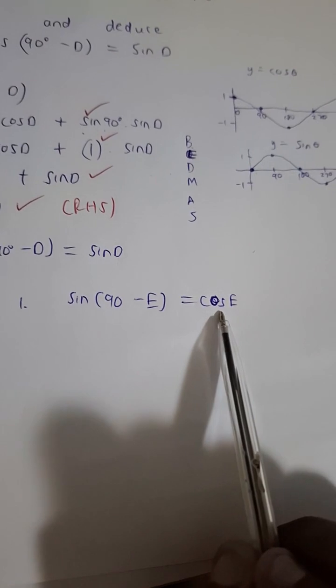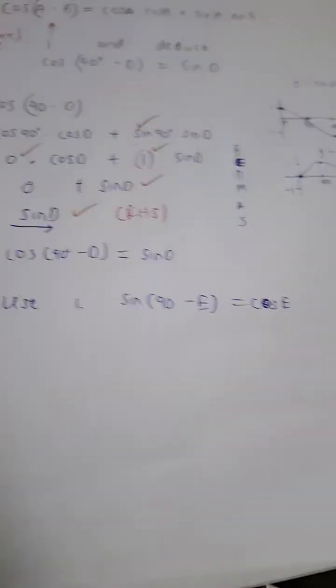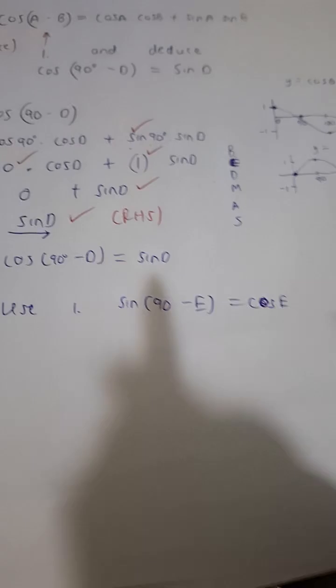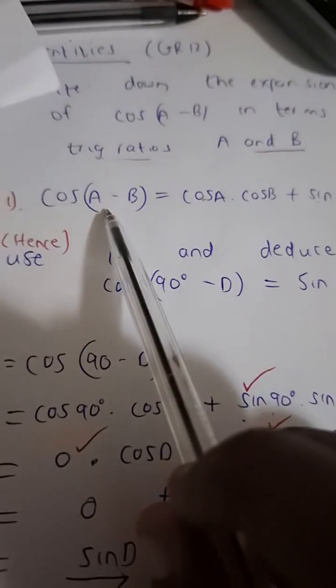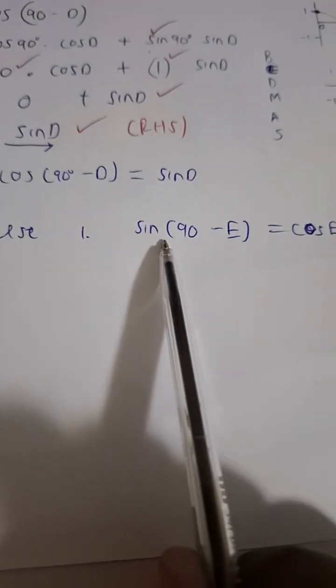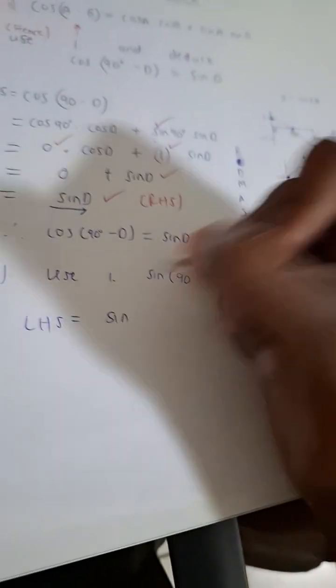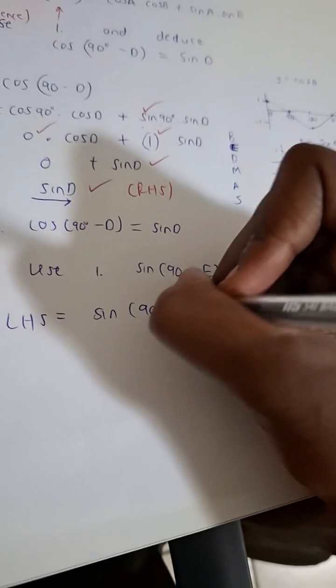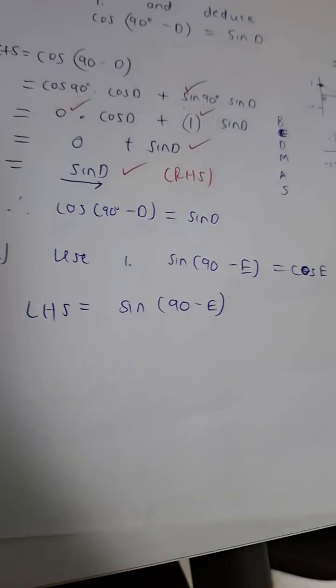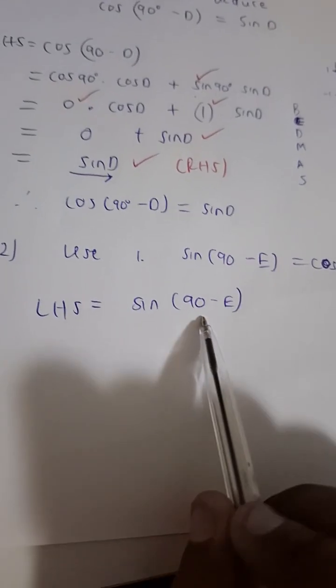Okay. Now you are looking at this and you are like, I need to use this expansion, this one. But say you are sitting here and you're like, but I don't have cos here, I have sine. Say if I take the left hand side, which is sine of 90 minus e, how in the world do we get this thing to become cos?